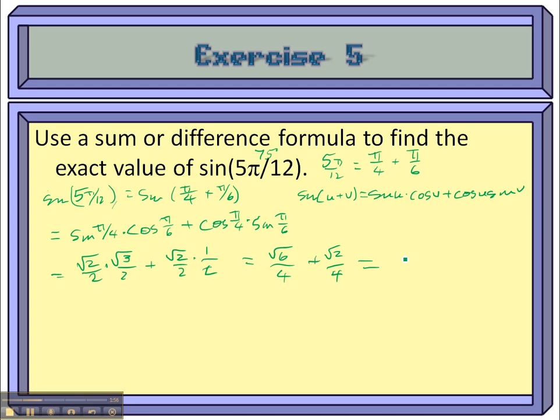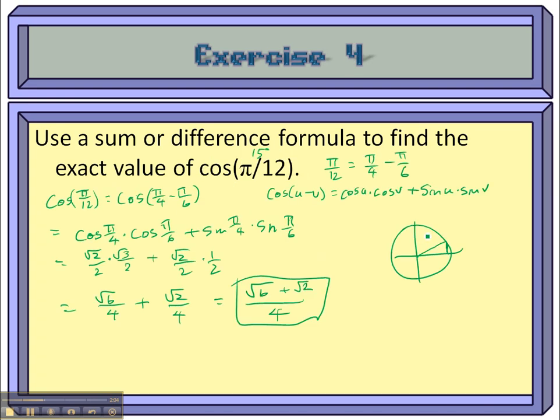As no surprise, root 6 plus root 2 over 4. That should look familiar, right? Because it's the same thing as the cosine of pi over 12. They're cofunctions, and those are complementary angles, so they should be the same.